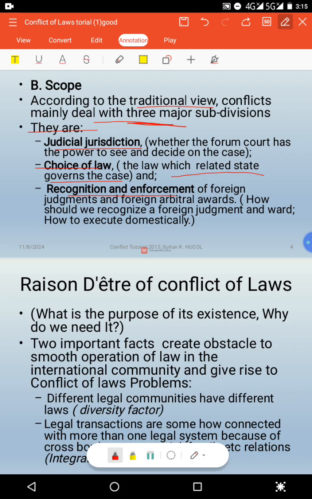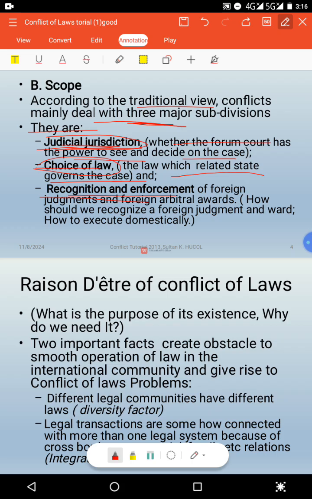We will discuss in the next portion, especially chapter 3, which talks about choice of law, chapter 2, which talks about judicial jurisdiction, and chapter 4 and the next chapters, which talk about recognition and enforcement. When we talk about judicial jurisdiction, the first point is whether the forum court has the power to see and decide on the case.